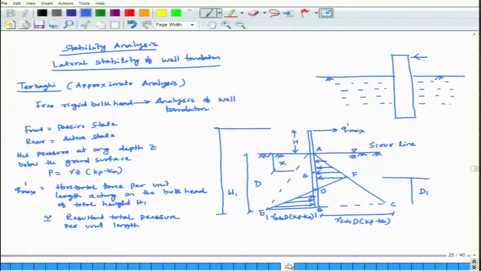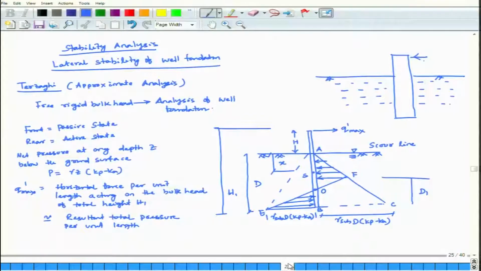In Terzaghi's approximate analysis, what they have taken is a free rigid bulkhead. Free rigid bulkhead has been considered as the analysis of well foundation. If this is my well and there is a lateral force here, definitely the well will be moved.